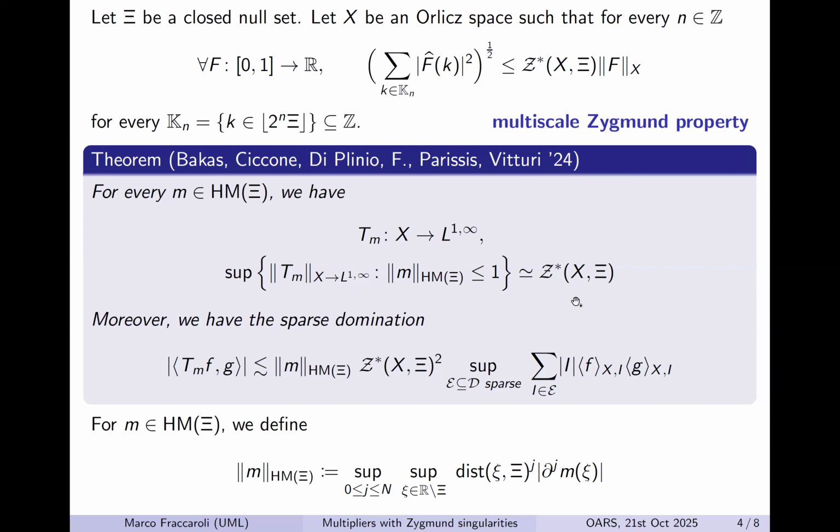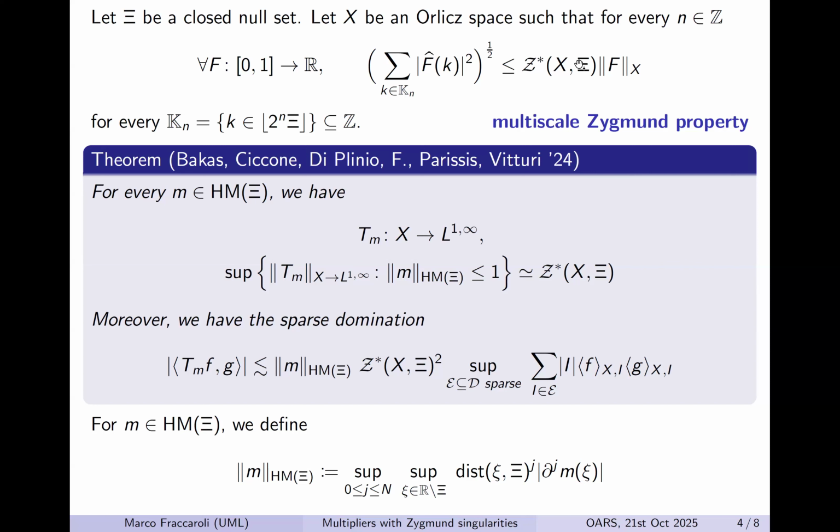And let me tell you that there are some examples of such multiscale properties. Of course, any set Xi is going to have the L2 multiscale Zygmund property because of Plancherel. But then we have also seen the example of lacunary sets with the L log L kind of spaces.